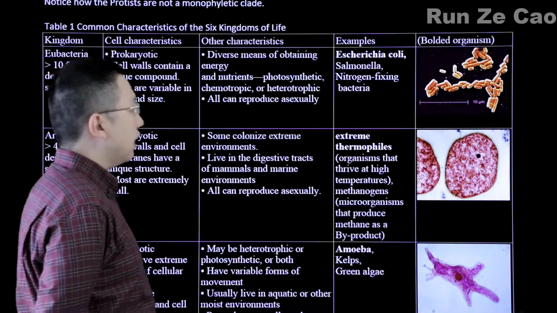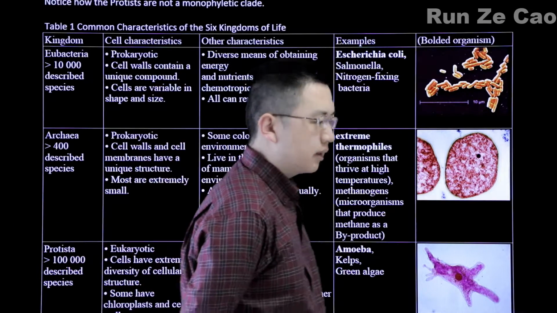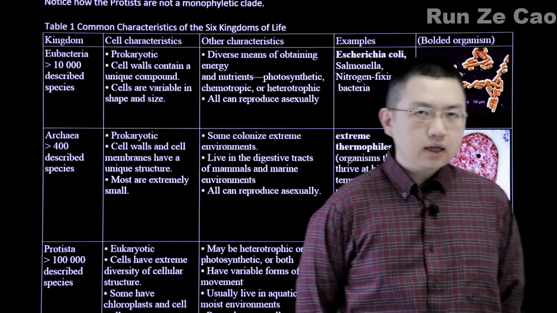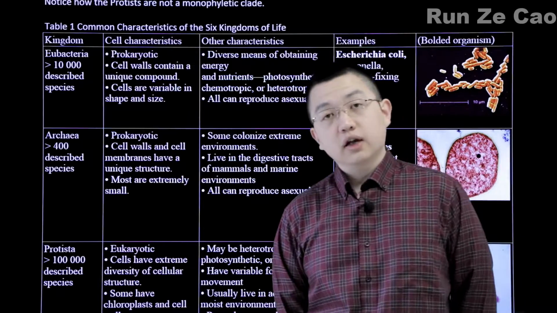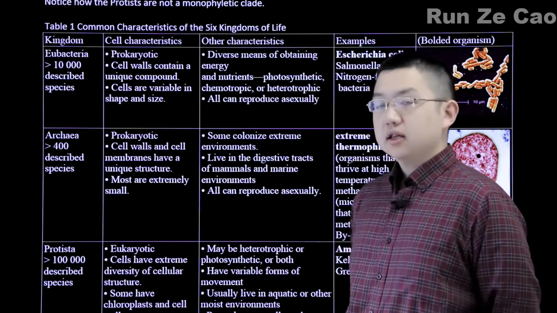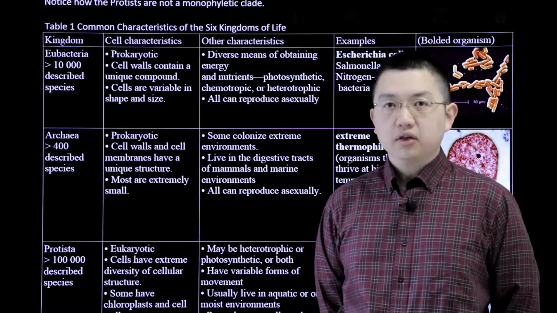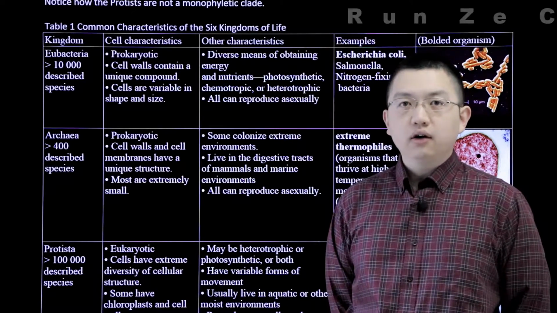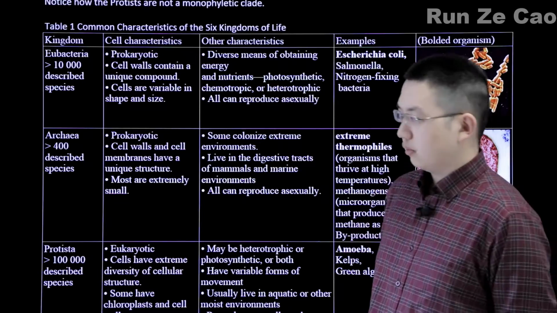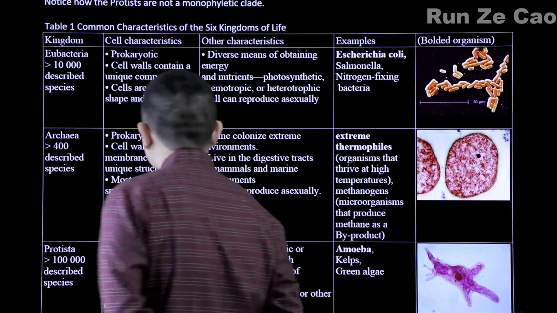Now, all of them can reproduce asexually, but they can also reproduce sexually in a sense because they can undergo conjugation, where one cell extends a pilus and joins with another cell to allow DNA to flow in a particular direction.